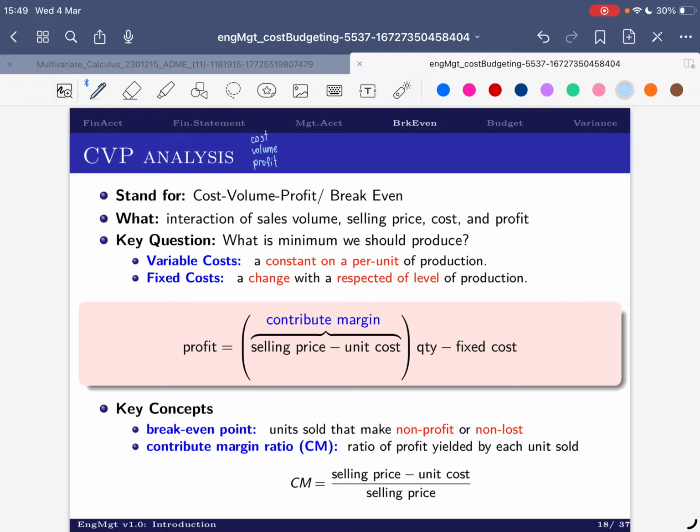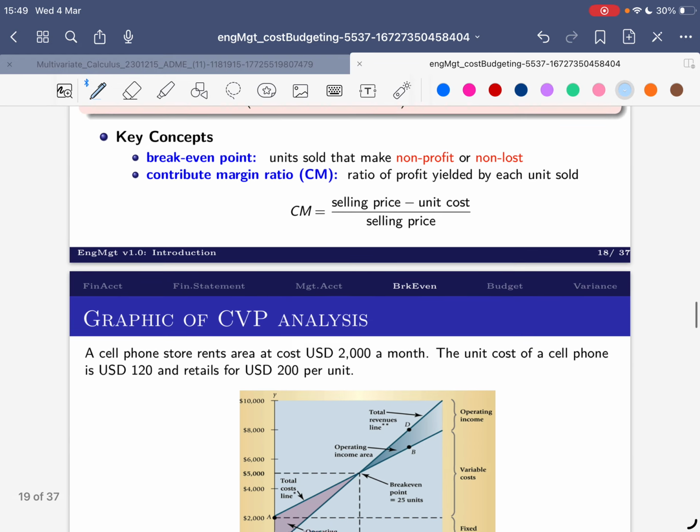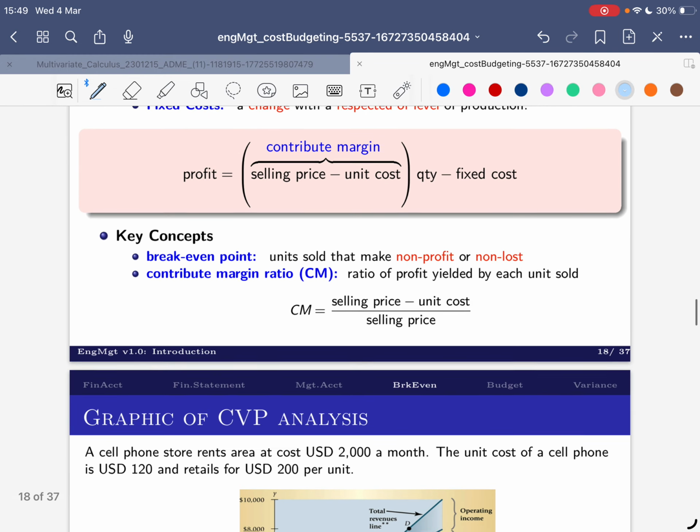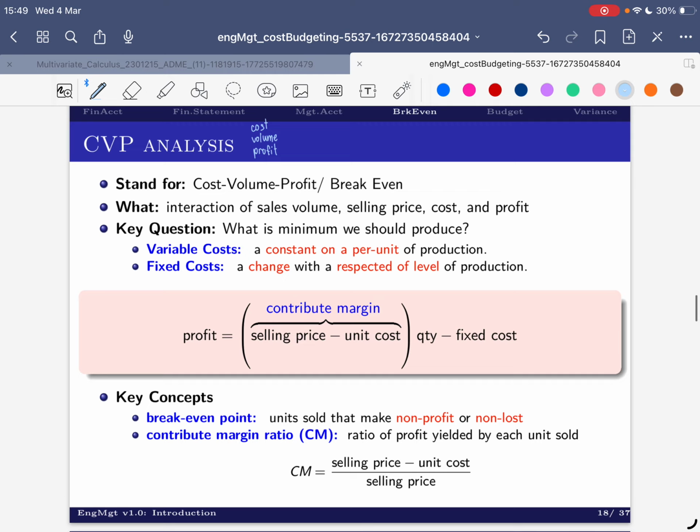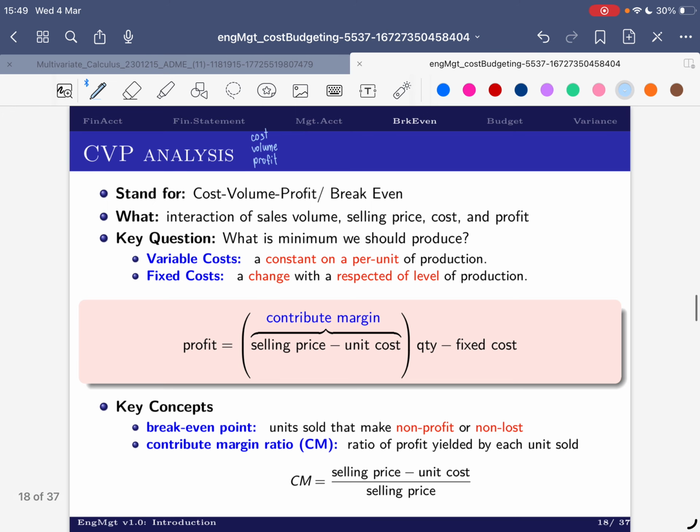For this analysis, of course, we have many examples, because the rest is just basic calculation. I will recap this next time, and I will go through all this in the next class, including budgeting and variance.